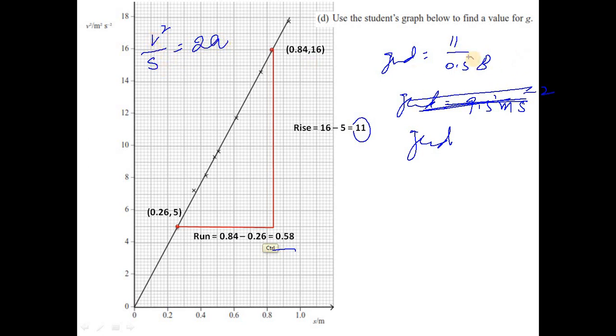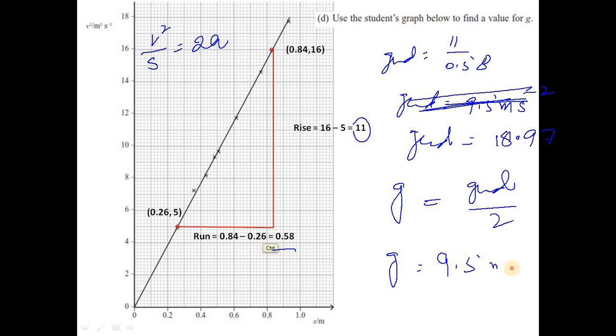If you use your calculator, it is around 18.97. This is the gradient when you divide these two. Then the acceleration, or the value of g, is the gradient halved, divided by 2. So g, you will get 9.5 meters per second squared.